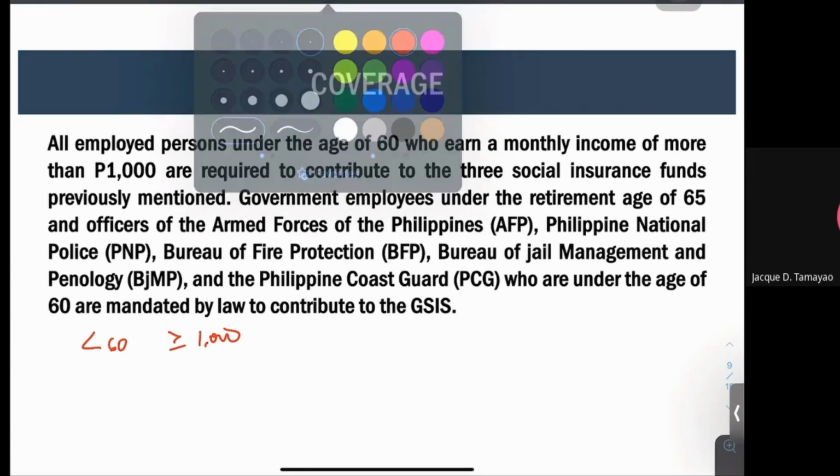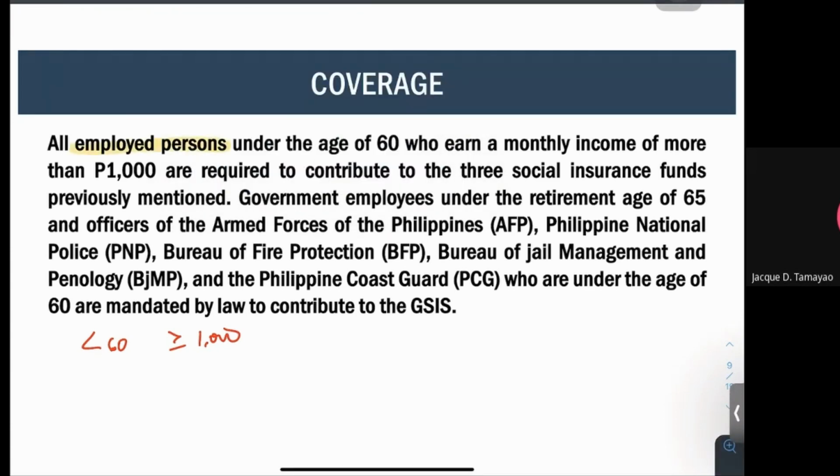So, all employed persons under 60 with a monthly income of more than 1,000 are covered. Government employees under the retirement age of 65 and officers of AFP, PNP, BFP, BJMP, and PCG who are under 60 are mandated by law to contribute to the GSIS.